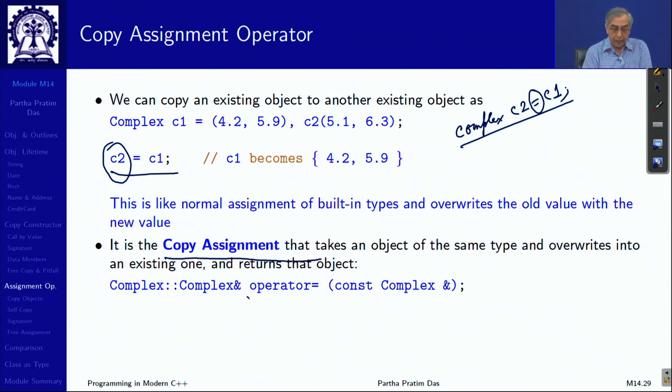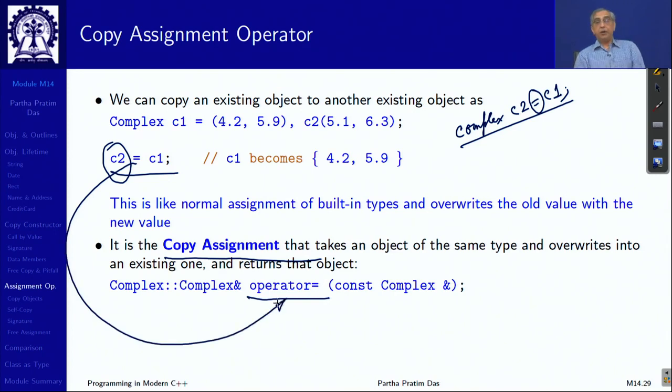Now, we know operators can be overloaded. So, this operator of assignment is operator=. Naturally, it takes an object of this complex type, the source type, which will come as a constant reference. And what does it return? It has to return an object of the same type, because you have copied. So, it also returns by reference the same type of object.